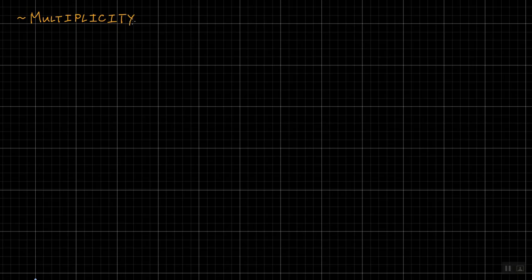So multiplicity is simply the number of times a root repeats. I'm just going to stop at repeats. The number of times a root repeats. On the example we did just a second ago, we had 0 and negative 6 as the 2 roots that we came up with.